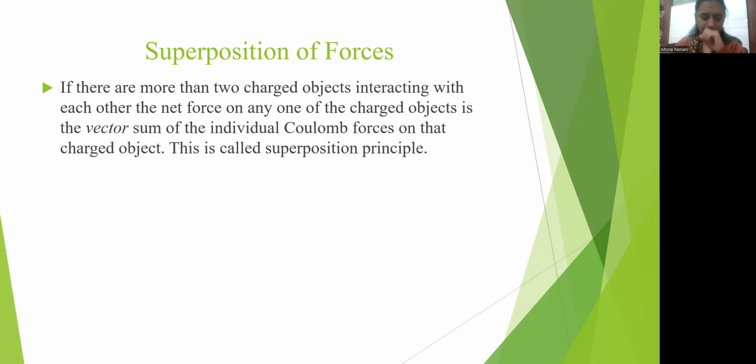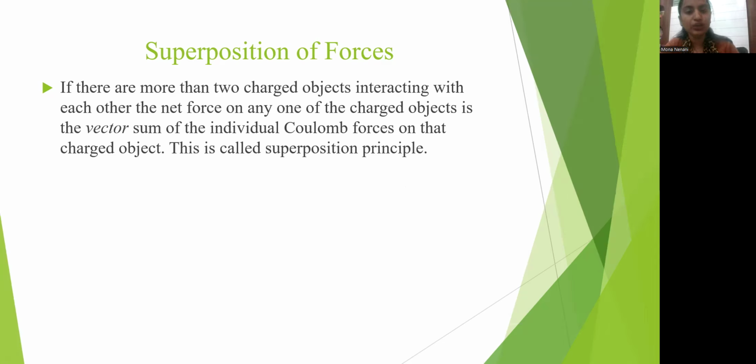So if there are a number of charges present, Q1, Q2, Q3, Q4 up to Qn, how will you find out the force acting on Q1 due to Q2, Q3, Q4 up to Qn? The force applied on Q1 because of all of the charges can simply be found using superposition of forces.